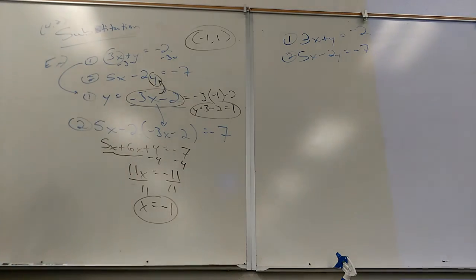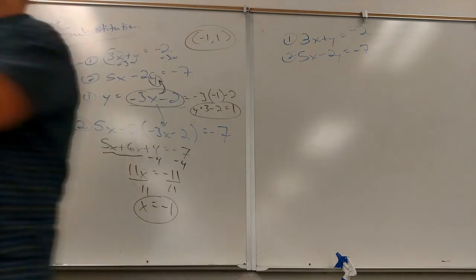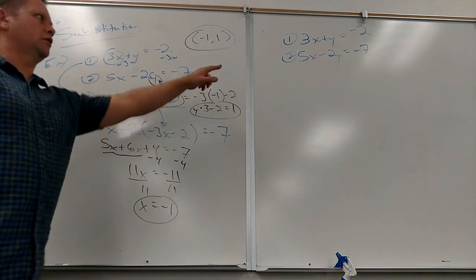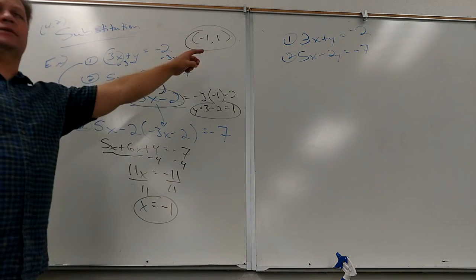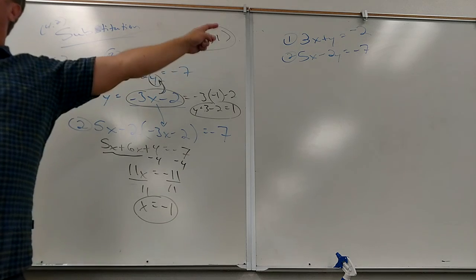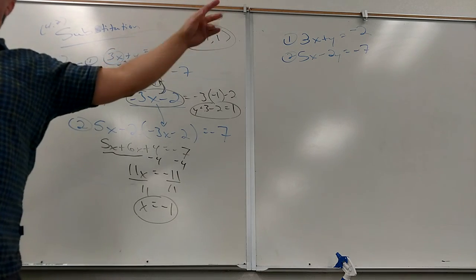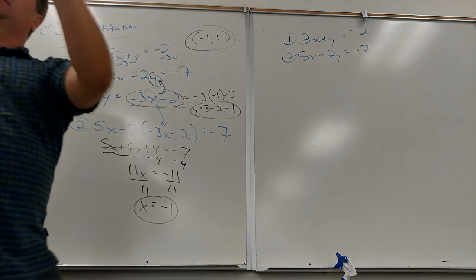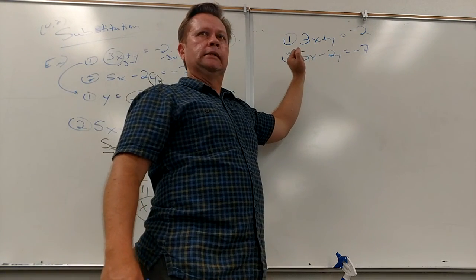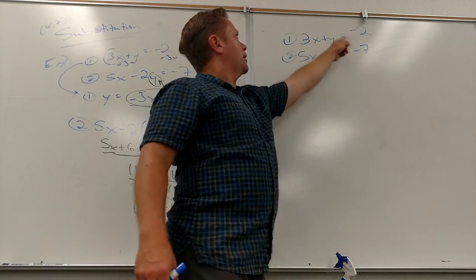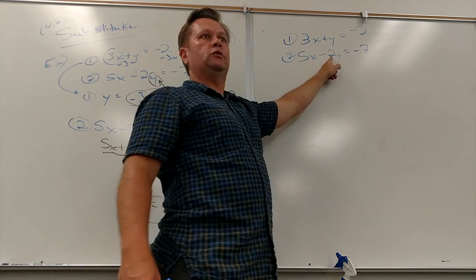Now if I want to use elimination, what's the good way to use it? Do I want to kill the x's? Is that the good variable to go for? No, it's not the best choice. Would it work? Yeah. But why is y easier? Because all I've got to do is multiply this guy by 2, because then it would cancel with this guy.